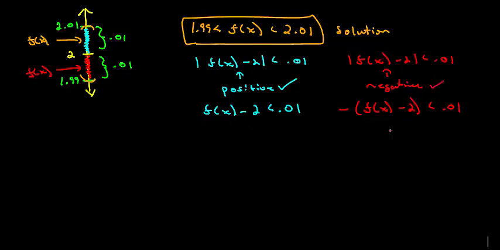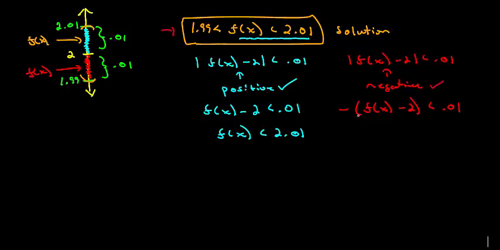And when we solve both of these, we're going to end up back here. So let's go ahead and check that out. If I add 2 to both sides, that tells me f of x has to be less than 2.01. That's this part of it right here.